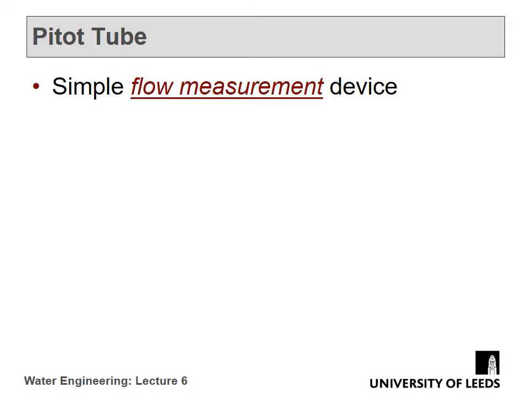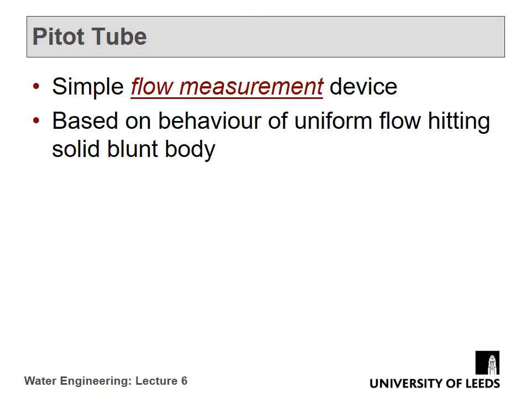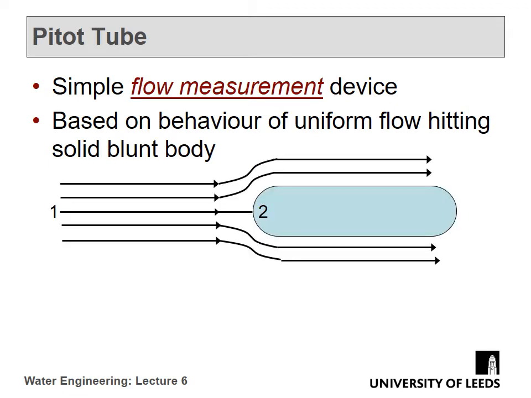A pitot tube is a simple flow measuring device. Actually it's a velocity measuring device, but we can convert the velocities into a flow rate. It's based on uniform flow hitting a solid blunt body, something like this.